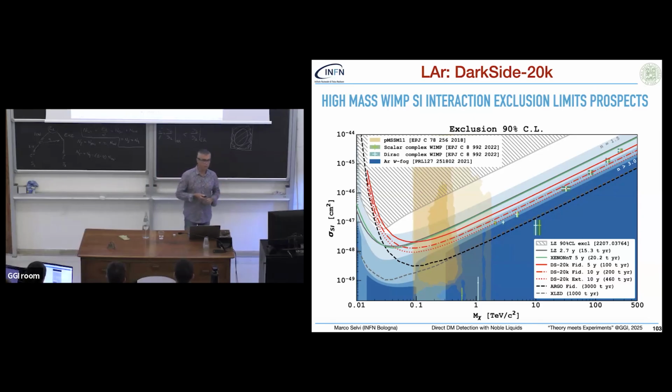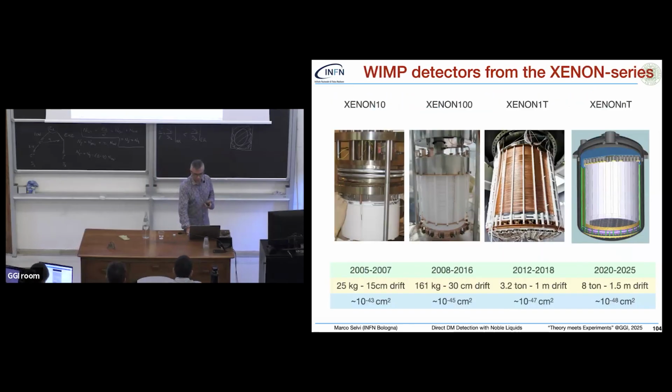So the more different they are, the better. So that's why we all think that it's extremely good that we will soon have this detector at LNGS to produce data.